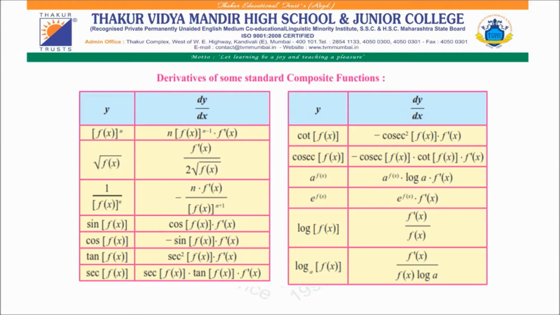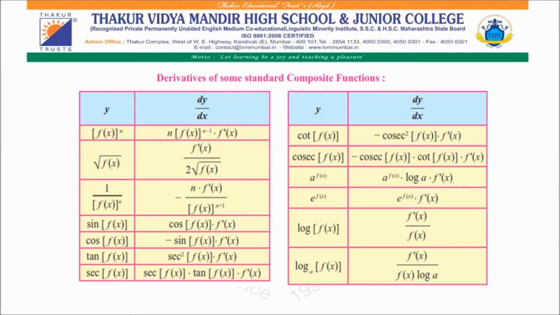Clear? Next is sec f of x, its derivative is sec of f of x into tan of f of x into f dash x. Next, cot of f of x, its derivative is minus cosec square f of x into f dash x.